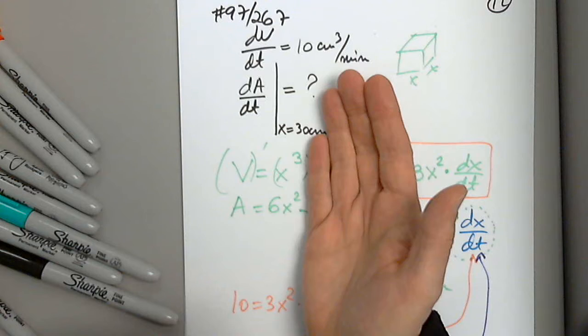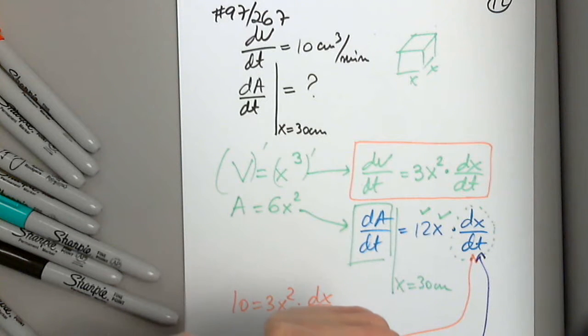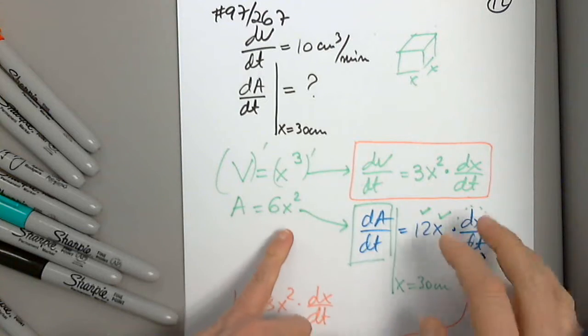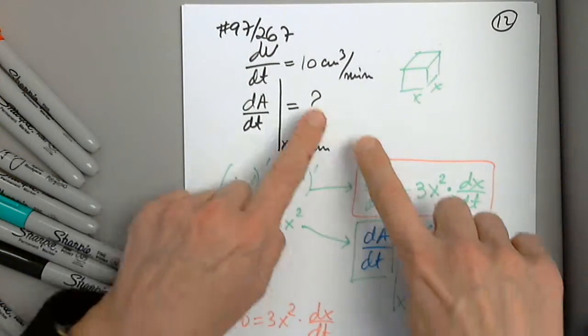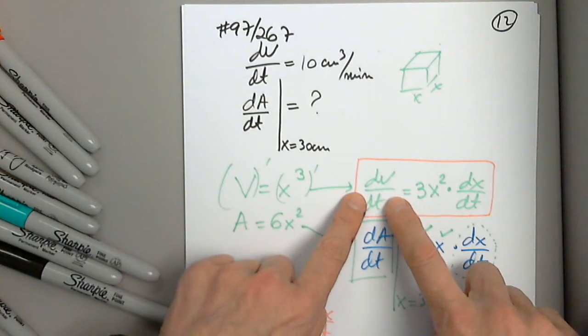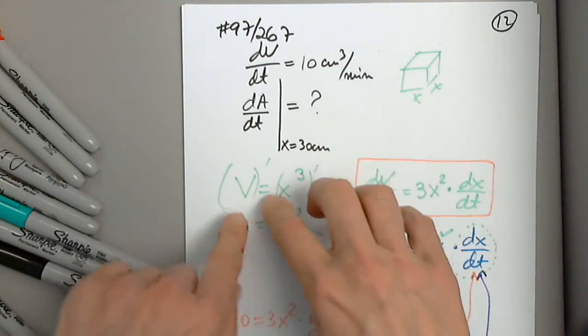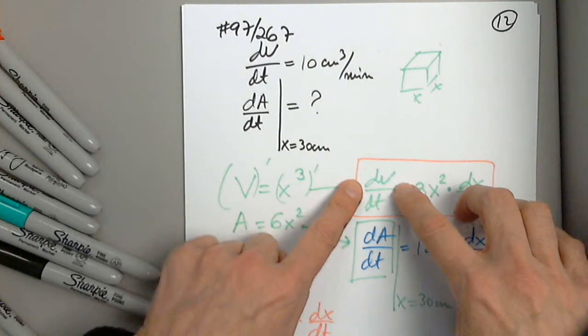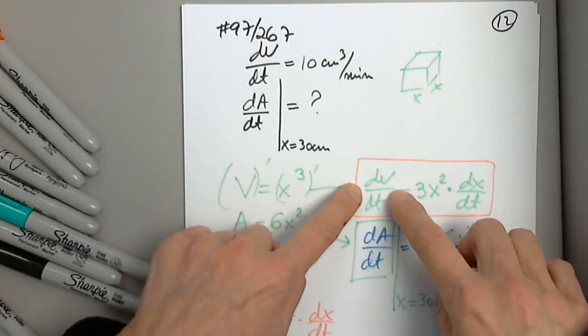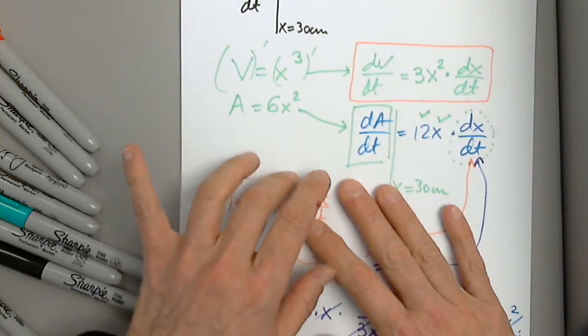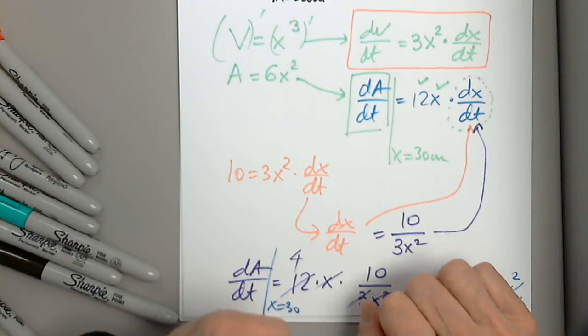And how did we know that 10 equals 3x squared times dx over dt? Because dV over dt was given to us, so I'm just replacing it here. I differentiate both sides to get dV over dt, and this is given to us, which is 10. Better? Okay, other questions about this before we continue?